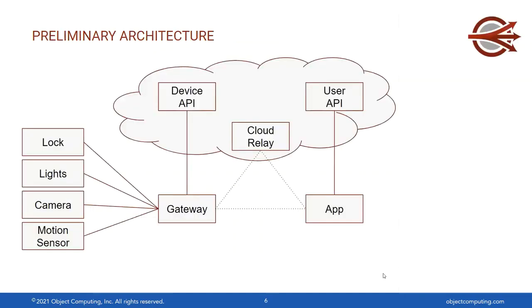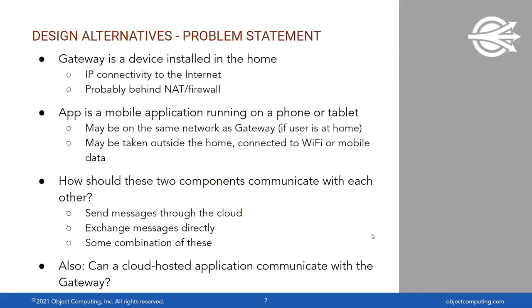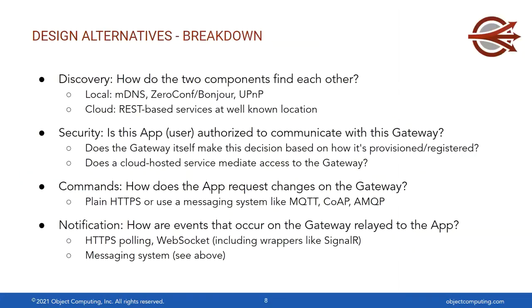So going back to this diagram, if there are components that are cloud resident that also need to communicate with the gateway and the application, we want to support those as well.